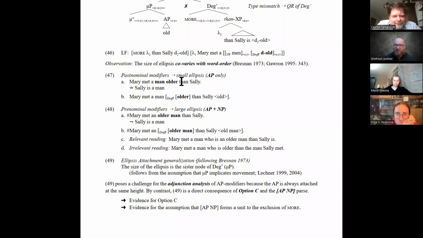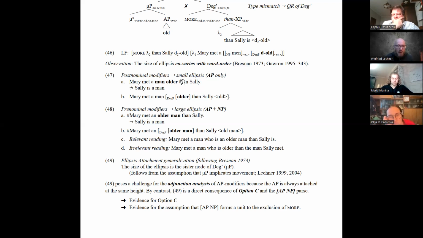I'm not going to go into the details here for time, and I've been too lazy to actually draw all these trees, to be honest. But in the postnominal construction, man and old do not form a unit. Older than Sally is a unit that is attached to man. So that gives you the option of having small ellipsis, and that derives the contrast between pre and postnominal configurations.